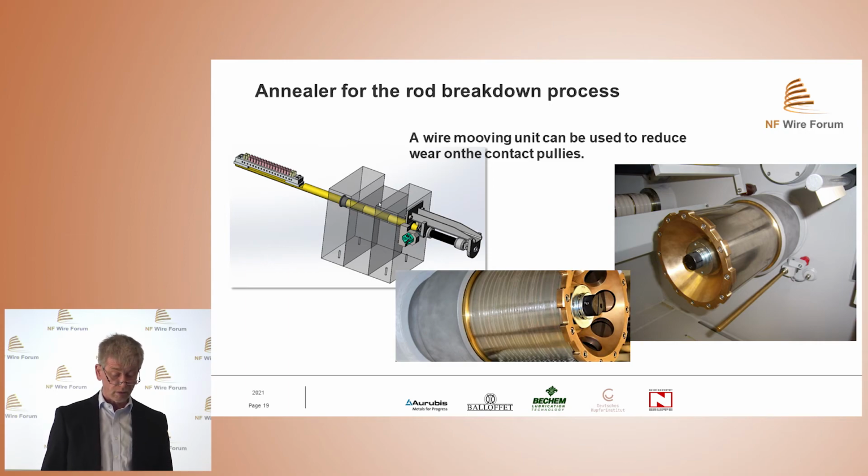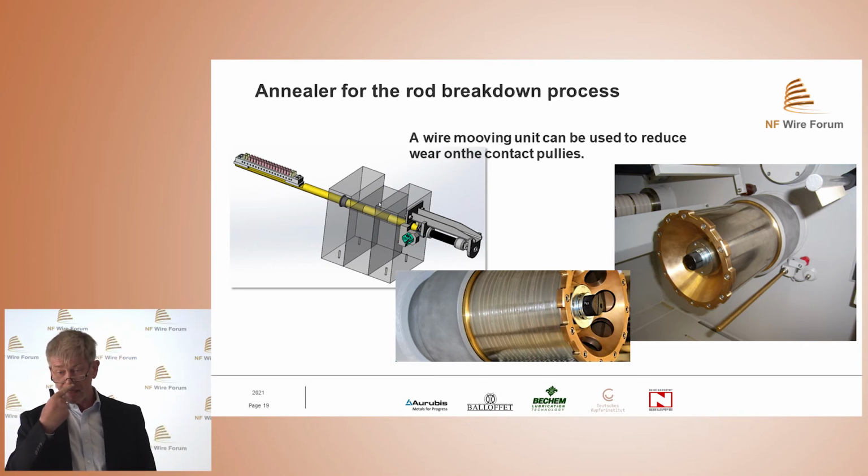But let's speak about contact pulleys. It can be useful to have a moving unit to clean or to move the contact pulley, so that the wire is not only running in the same position.